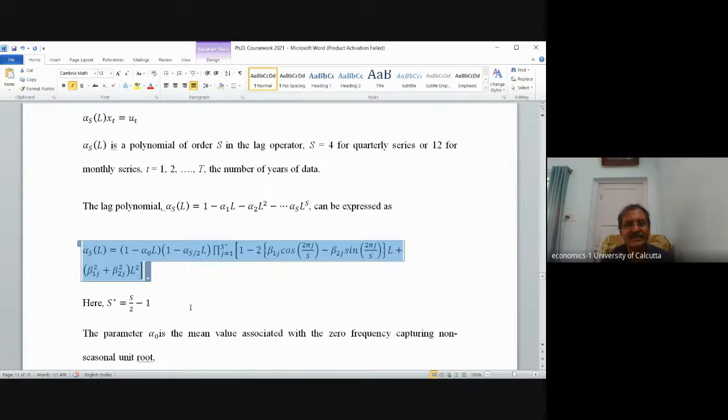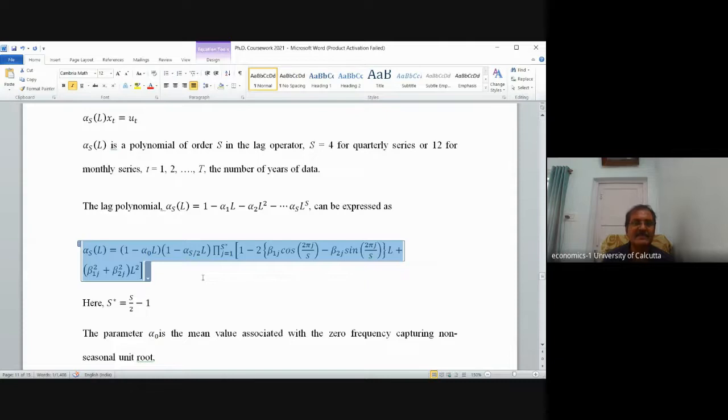So here the expression is 1 minus twice beta 1j cos of pi j by 2 minus beta 2j sine of pi j by 2, plus beta 1j square plus beta 2j square into L square.